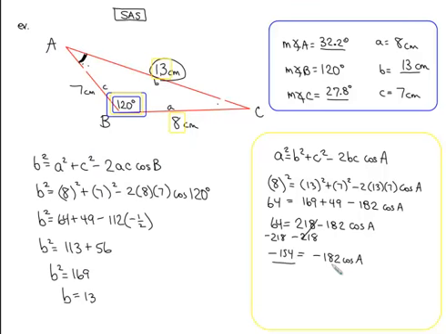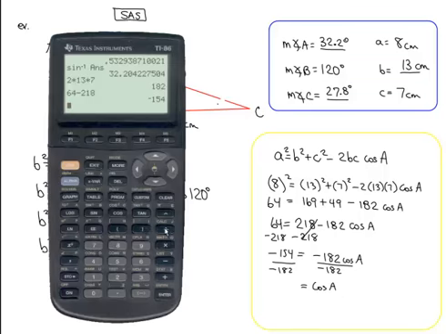Now we're going to divide by negative 182 on both sides. And so we get cosine of A is equal to negative 154 divided by negative 182, which gives us this value.